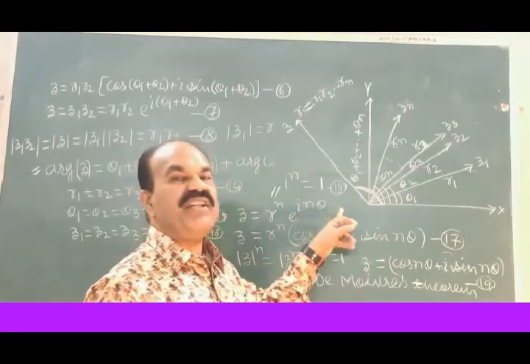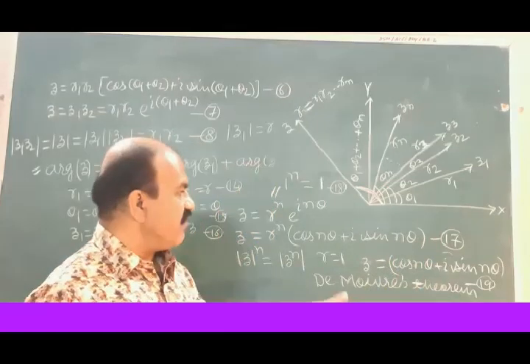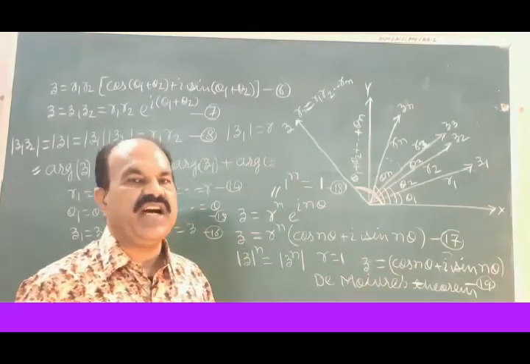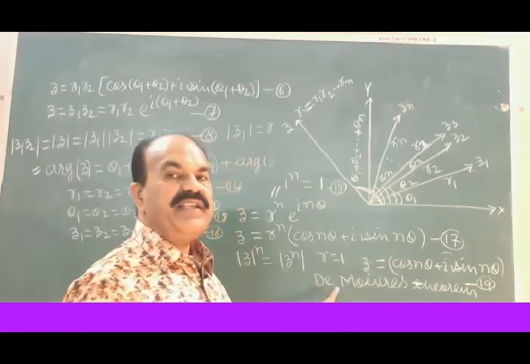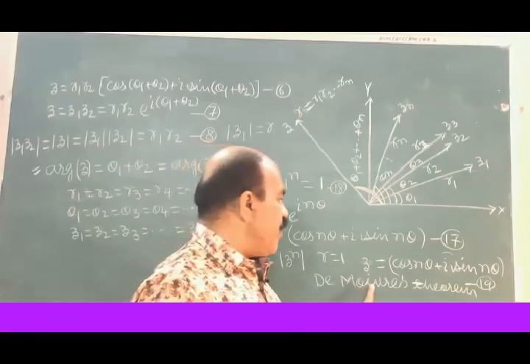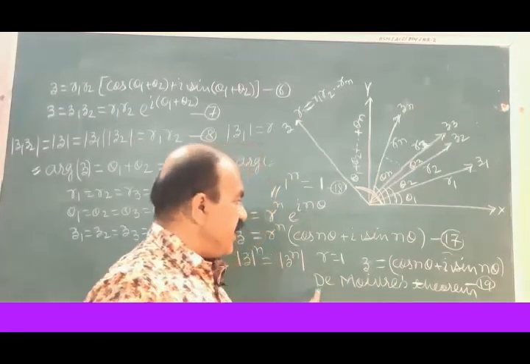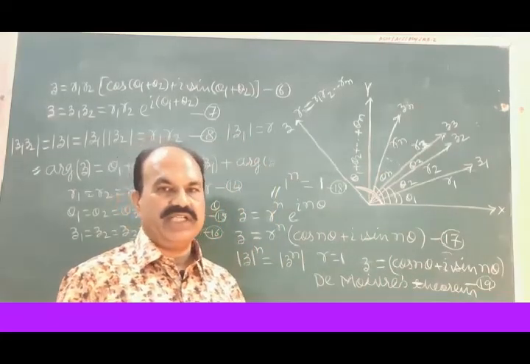So this whole exponent is positive, and therefore equation 19, Z is equal to, in the bracket, cos n theta plus i sin n theta is known as de Moivre's theorem for positive exponent.